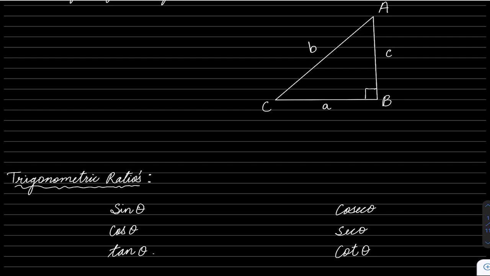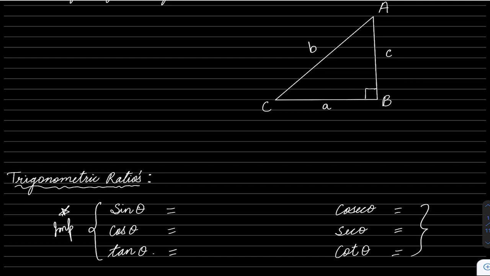But in the initial stage, you will study only 3, that is sine theta, cosine theta, and tan theta. Secant theta, cosecant theta, and cot theta you will study later on in higher standards, maybe in year 1, maybe in year 2, or maybe in HL and SL. So for now, if you are a beginner, first you will need to understand sine theta, cosine theta, and tan theta. These are known as trigonometric ratios.